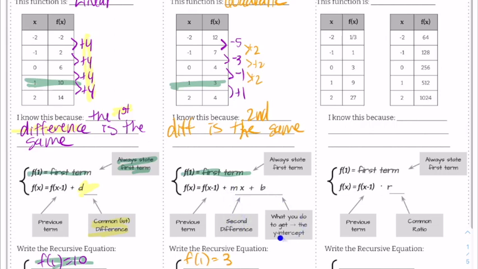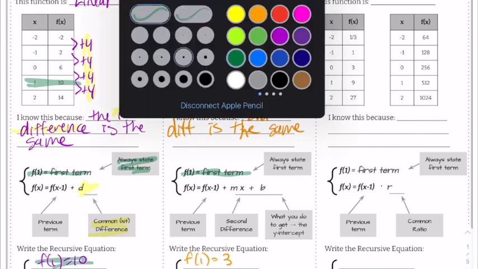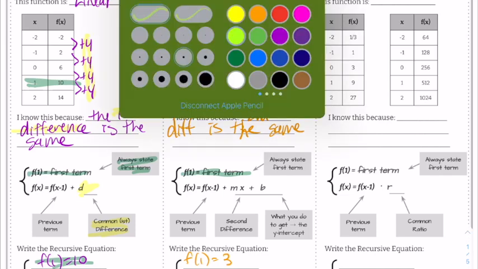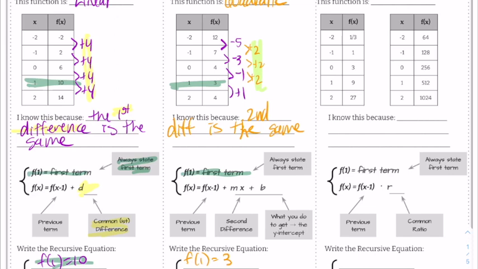The b is what you add to get to the y-intercept. In this case, our second difference is the 2, so that's going to be our m. So we're going to have f of x equals f of x minus 1 plus 2x, and then we've got something, where the 2 is our second difference.